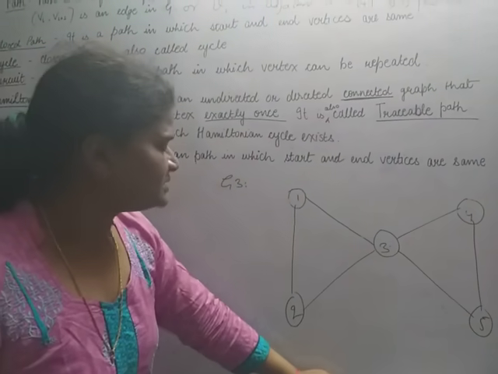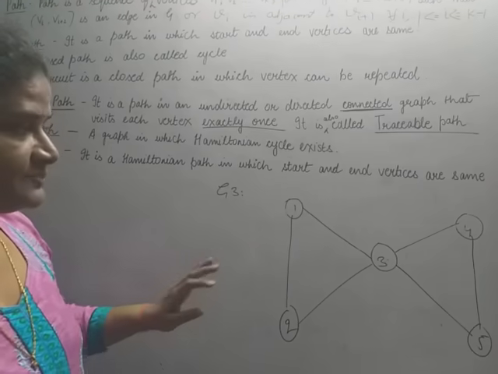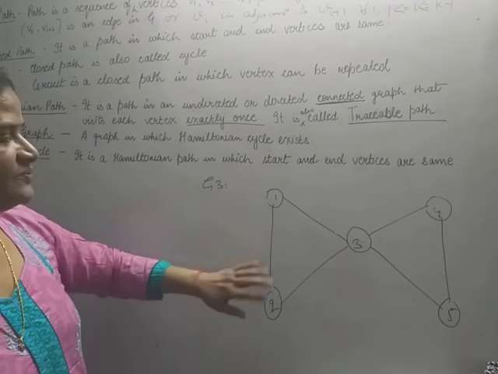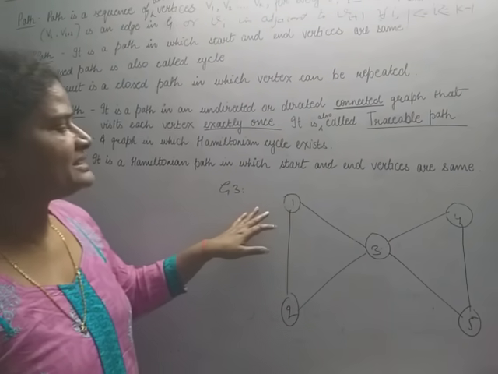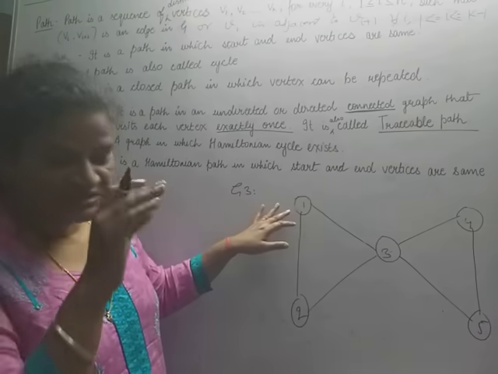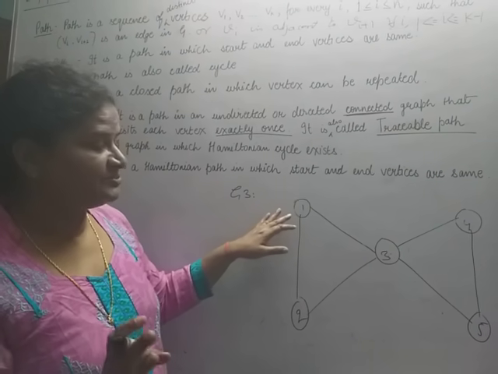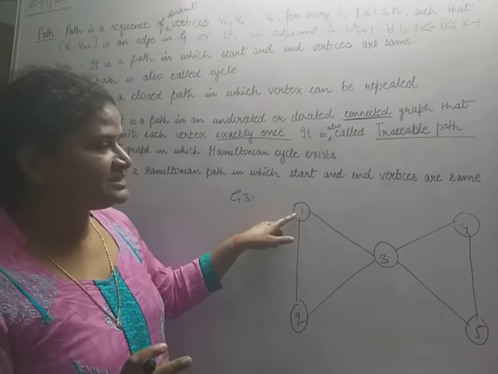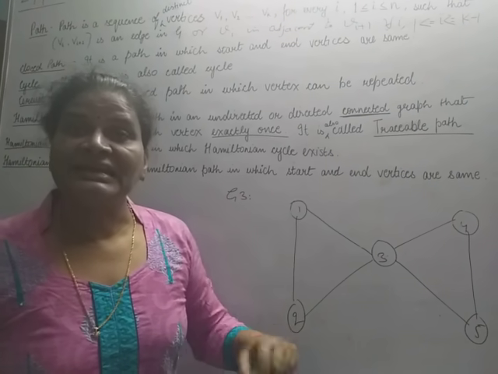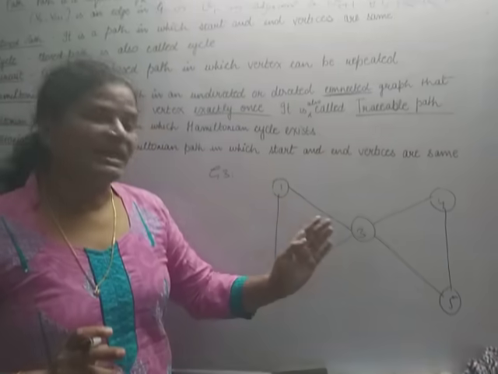Okay, so in the Hamiltonian path, suppose we consider this graph. What the definition tells is that the first and last vertex may be the same or may be different, but it visits all the vertices exactly once, and it can start from any vertex.